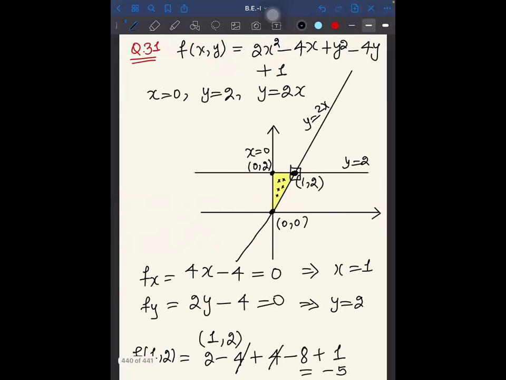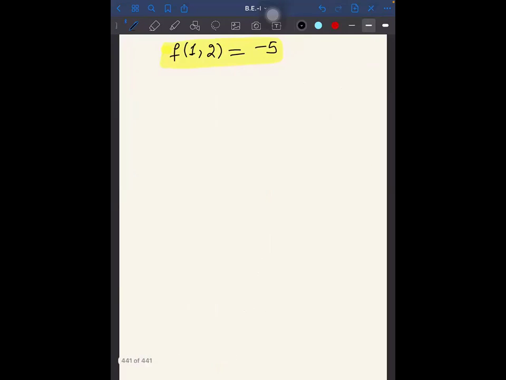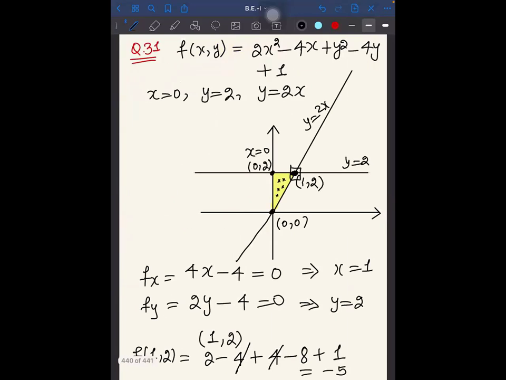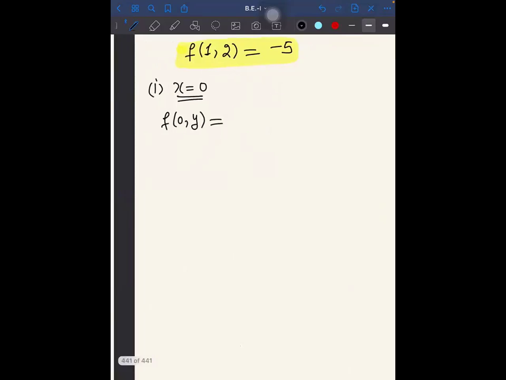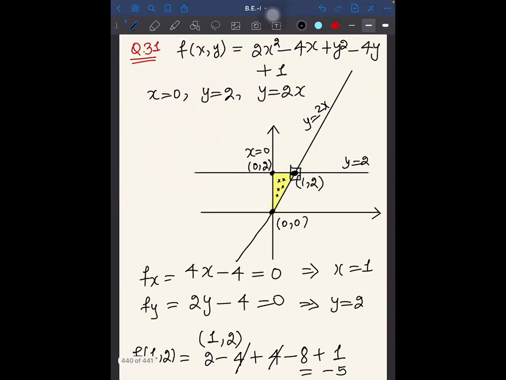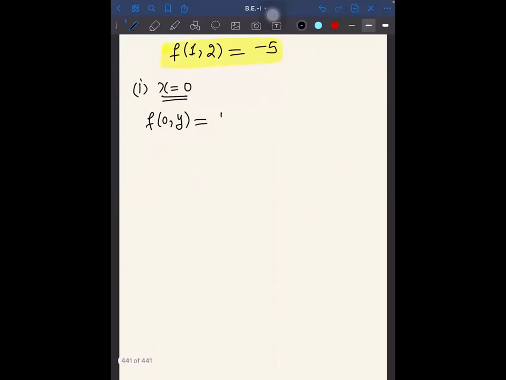Okay. And then the next one is the boundaries. So let's try from the first boundary. That means x = 0. So you put x is equal to 0 over here. That means f(0, y), which is y square minus 4y plus 1.